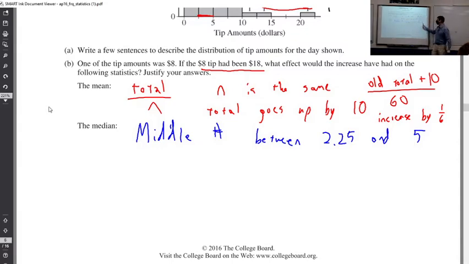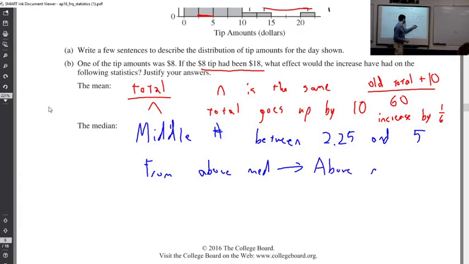So what's going to happen if my 8 changes to an 18? It goes from being above the median to still being above the median. So the median does not change.